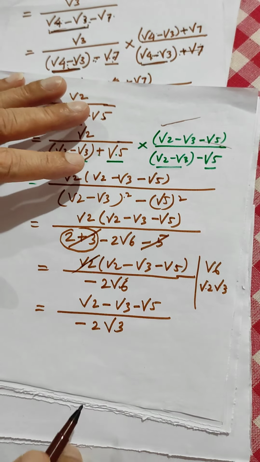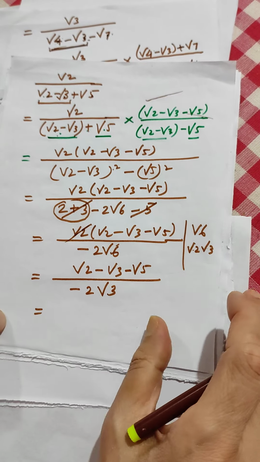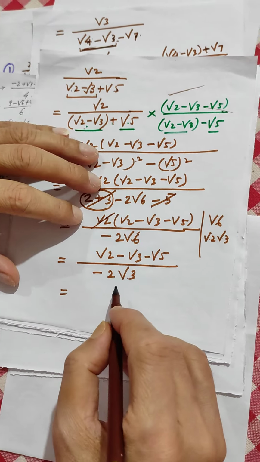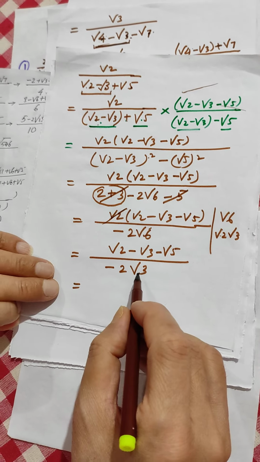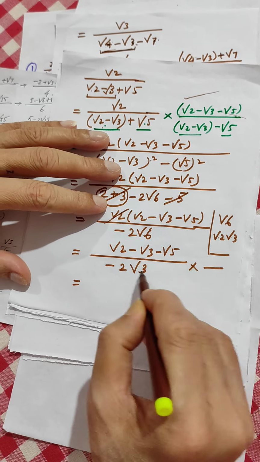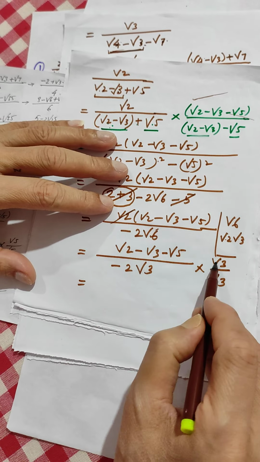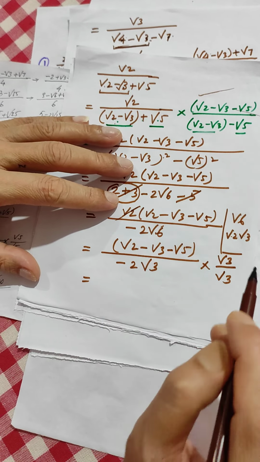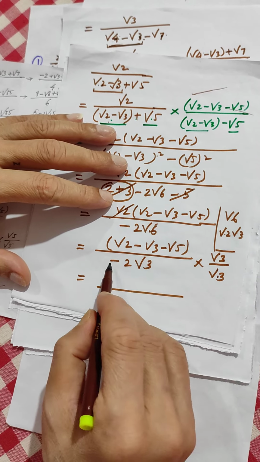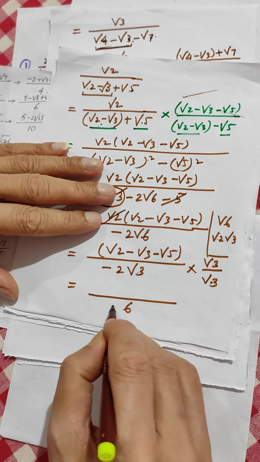Okay. Now, yeah, so the denominator is still irrational, 2 root 3. Okay. Now we have to multiply by root 3. We multiply numerator by root 3, denominator by root 3. This root 3 is a rationalizing factor. Now 2 root 3 into root 3, root 3 into root 3 is 3, so it will become 6, so minus 6.